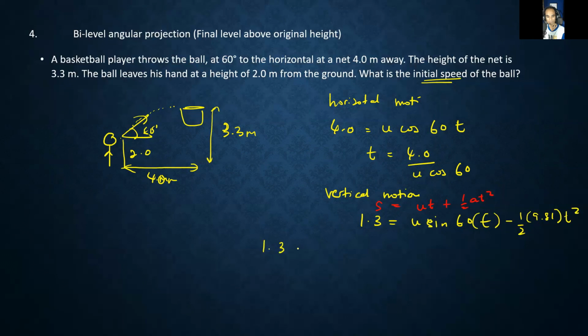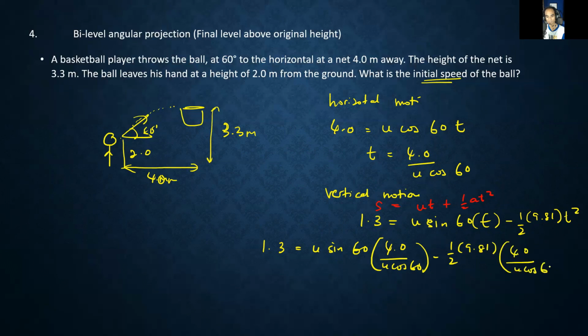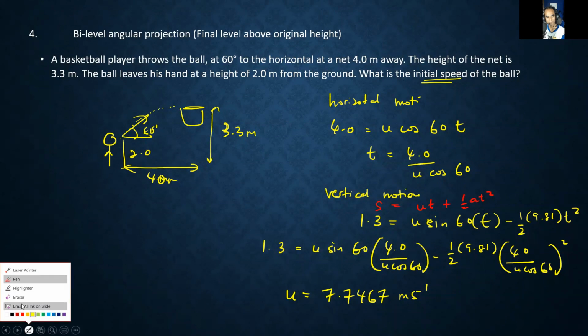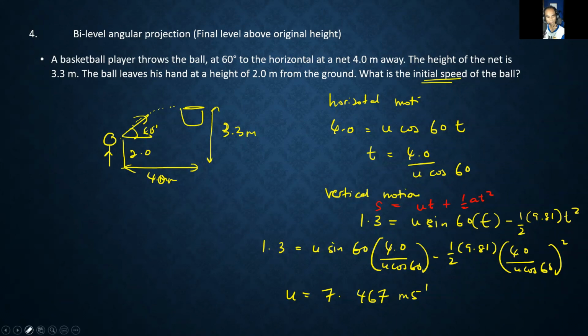Then substitute the t into the vertical motion. Then u equals 7.467 meters per second.